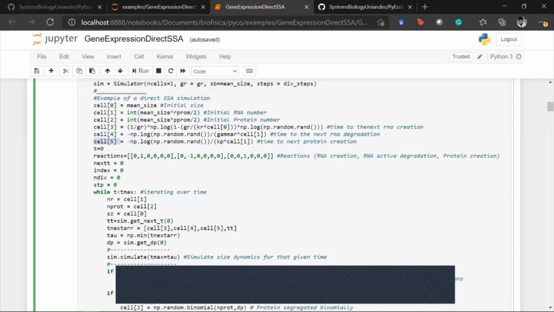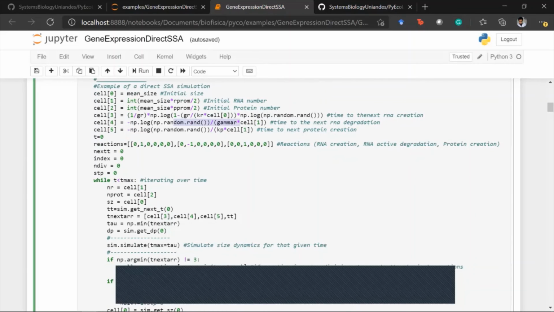You can see here that you don't have the protein dilution, since if you consider the division using PyEcoLib, every time the cell divides, the number of proteins is going to halve. So you don't have to worry about the dilution rate of the proteins, neither the dilution rate of the RNA, but only worry about the degradation rate, the active degradation rate.